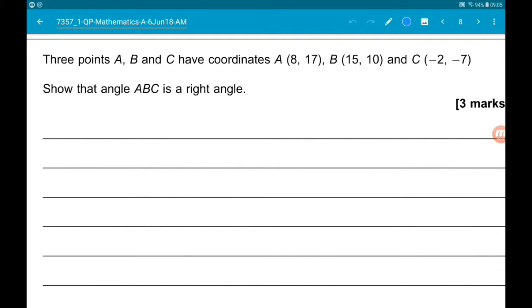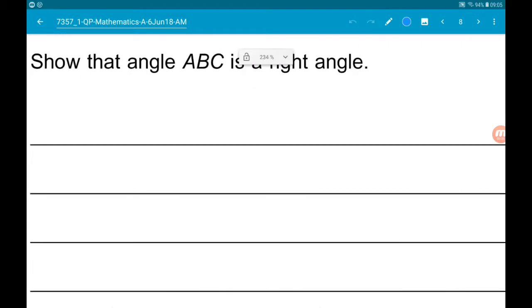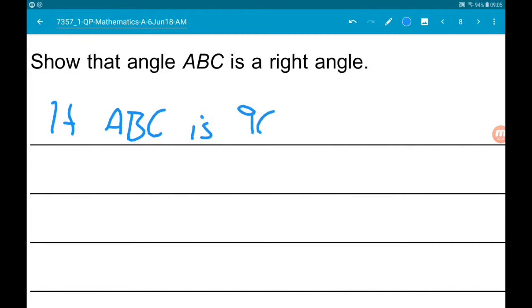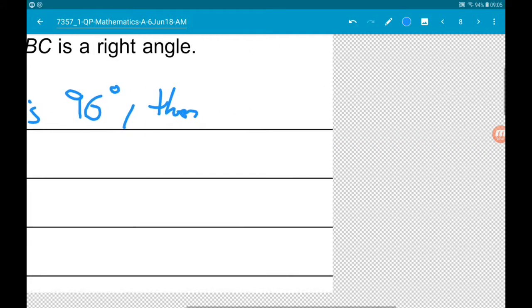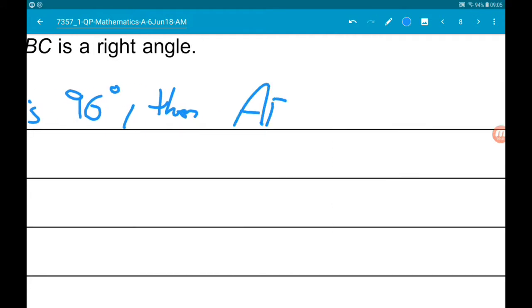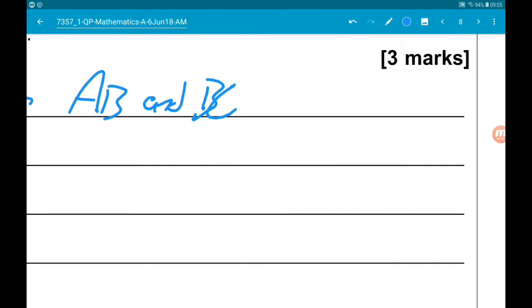So, if ABC is 90 degrees, then AB and BC are perpendicular.